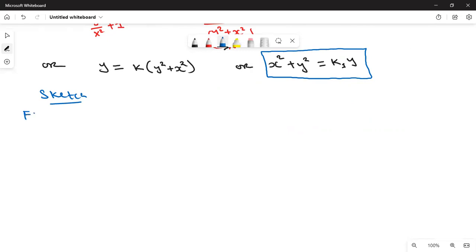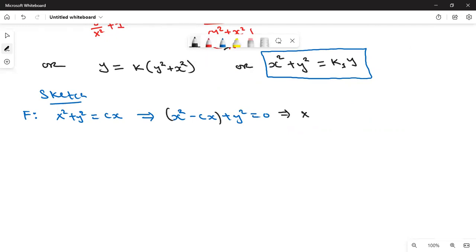Let's start by writing F. That was x squared plus y squared is equal to cx. This can be written as x squared minus cx plus y squared is equal to 0. If I complete the square in the x squared, what will I get?